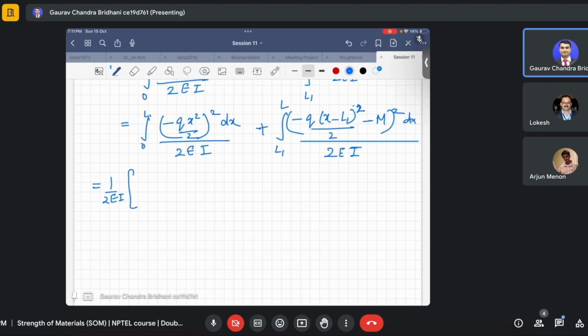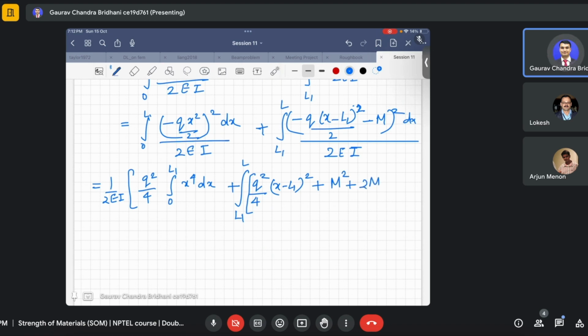Now we'll open the bracket, so this will become q square by 4. The minus sign will go away, so it becomes just the integral from 0 to L1 of x power 4 dx, plus a complicated one because it involves two terms: q square by 4 (x minus L1) whole square... I'll write the full integration right now, from L1 to L, plus m square, plus 2 into m q (x minus L1) by 2.